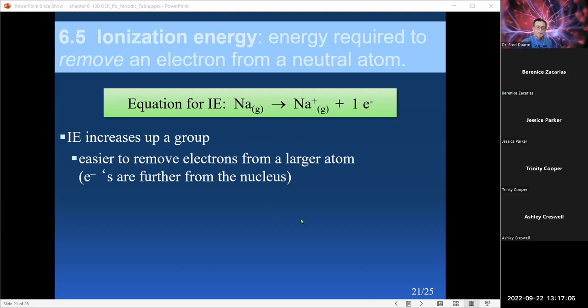Ionization energy increases up a group. Let's break it down and take a look at the periodic table.